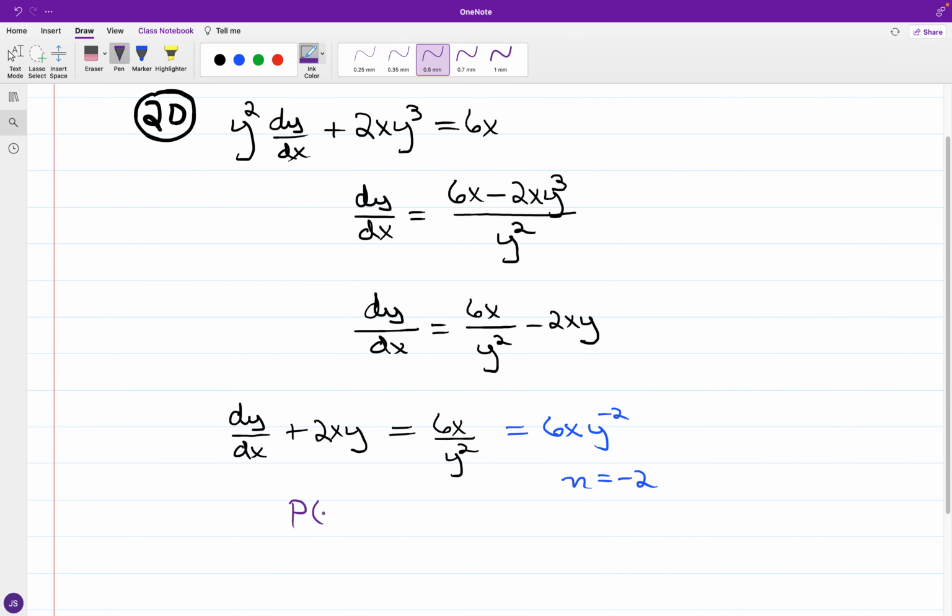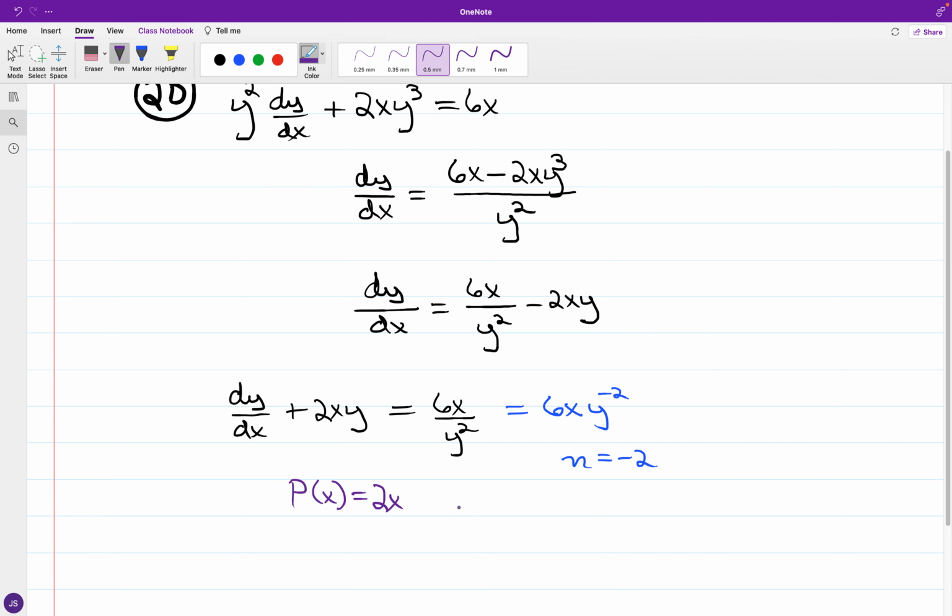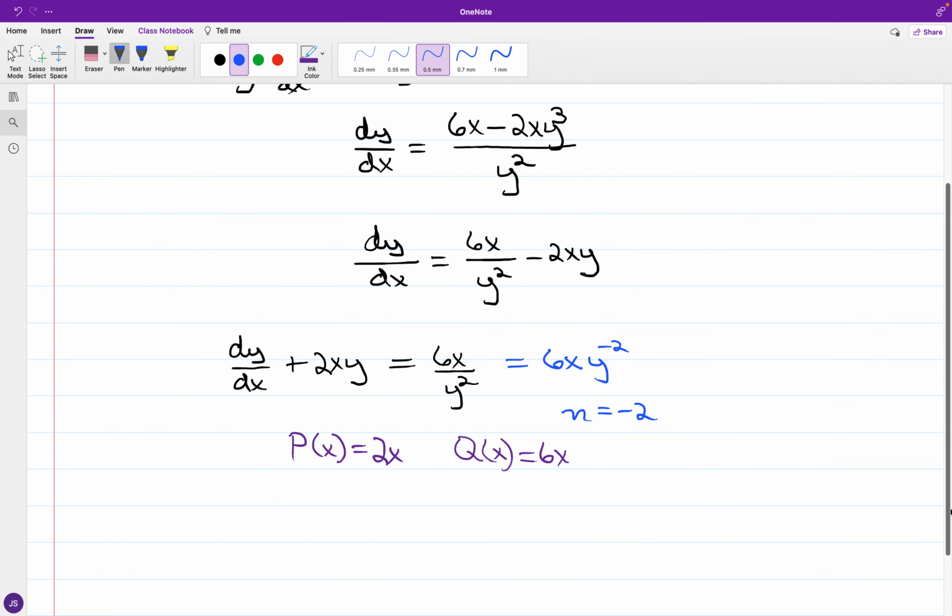So you have the p of x, like when we were working with first order linear differential equations: the first order y term has a coefficient of 2x, and your q of x happens to be the numerator, which we have as 6x. And once again, setting things up, I'm going to use the substitution variable v.